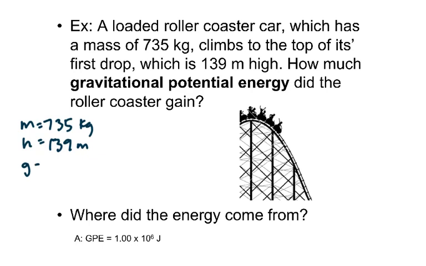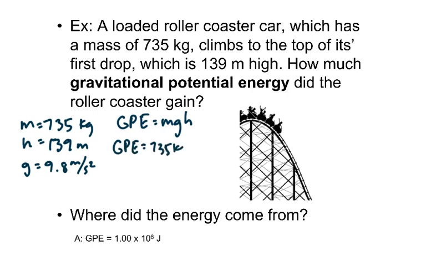And then we're going to assume that it's on the Earth, so g is 9.8 meters per second squared. So our formula for GPE is m times g times h. So we're going to do 735 kilograms times 139 meters times 9.8.